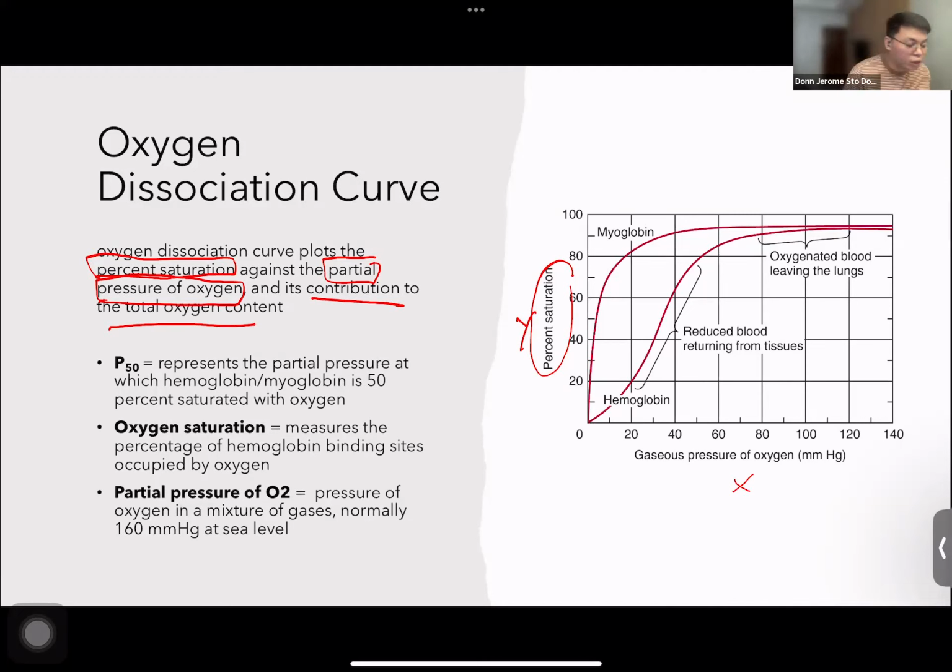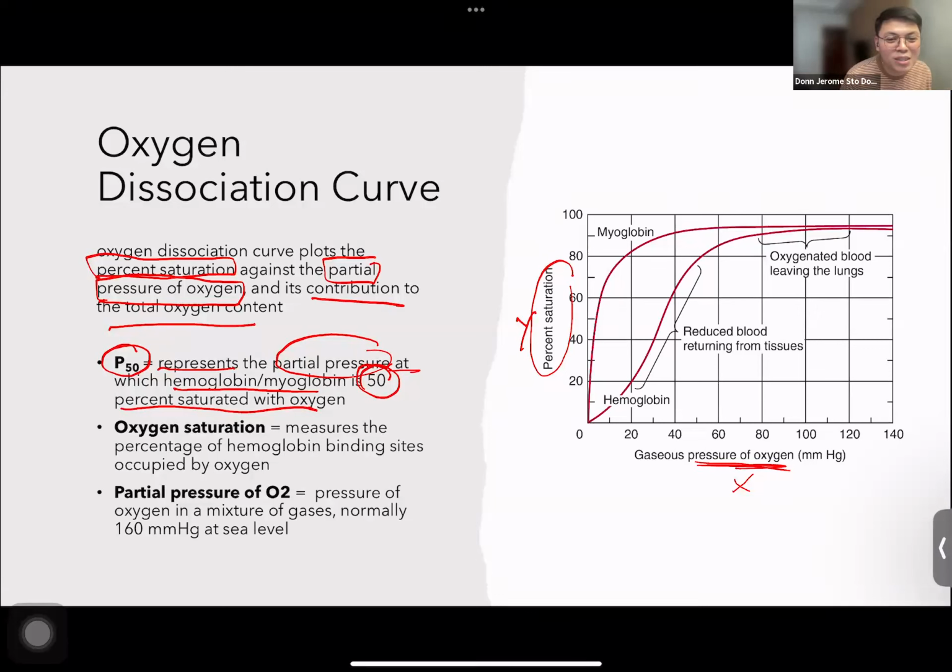Let's try to define some terms. P50, what is P50? P50 represents the partial pressure at which hemoglobin or myoglobin is 50% saturated with oxygen. To put it in perspective, para din po yung nasa enzyme nyo sa Michaelis-Menten curve.